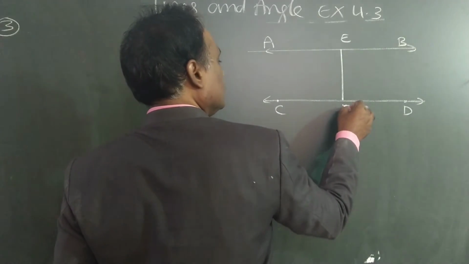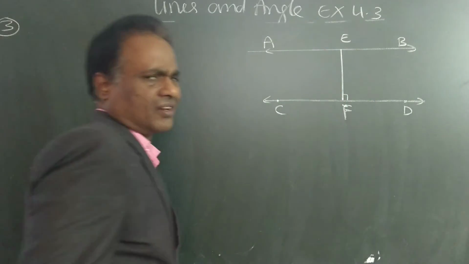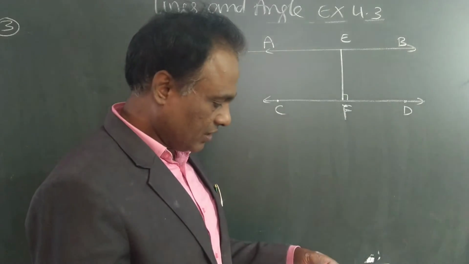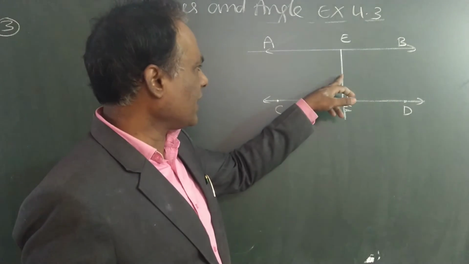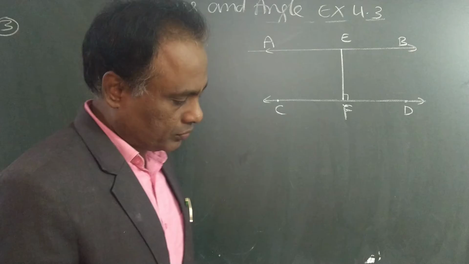Perpendicular means this is 90, this is 90, this is 90, this is 90. All four angles are 90 degrees. Perpendicular means the symbol is given. So if this is 90, this side will be also 90, because if a line is perpendicular to one line, it will be perpendicular to a parallel line also.